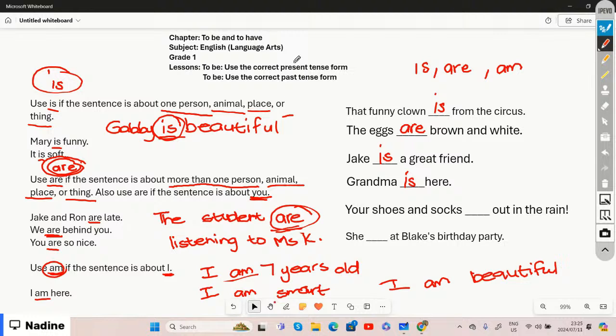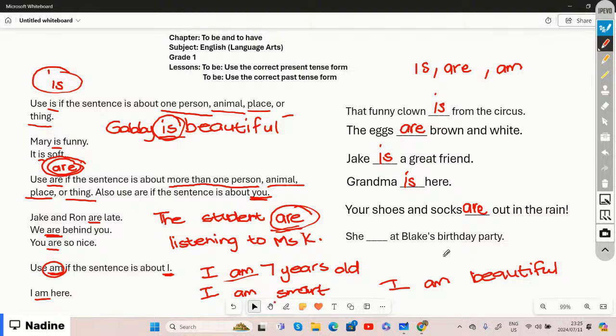And if we were to choose the correct one, we would say your shoes and socks are out in the rain. Yes, are is correct. Well done, because are refers to being more than one. There being more than one sock, more than one shoe, right? We are referring to more than one.